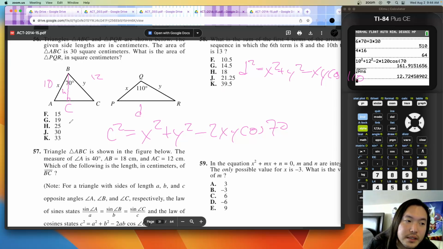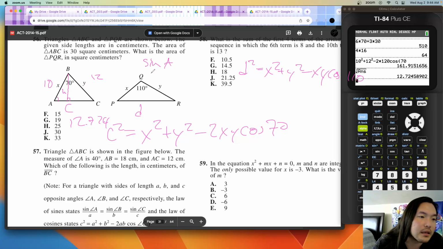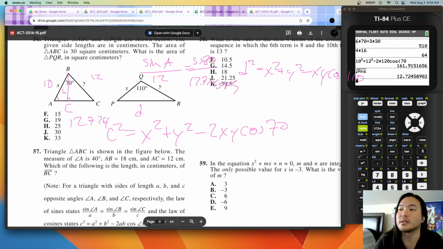So if this is 12.724, I can now use the law of sines to get this angle here, right? So what is this angle? So I can do sine A divided by 12 equals sine 70 divided by 12.724589. If this is 10 and 12, this is a huge if, right?